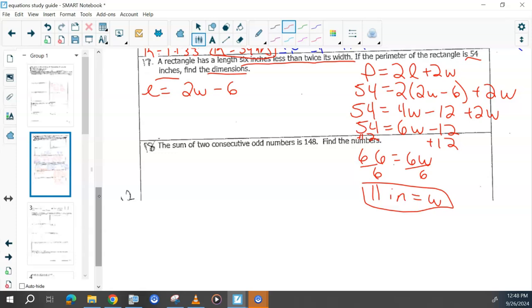But then we would go back and find L. By putting that in, you could do that here or here, does not matter. There we go. You could always go back and double check these, put them into the original, yes.